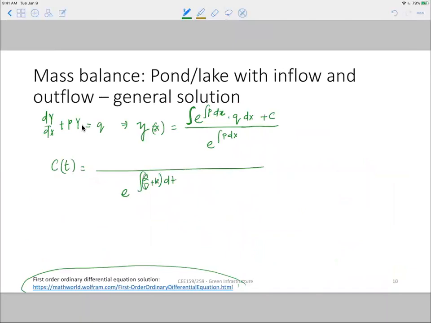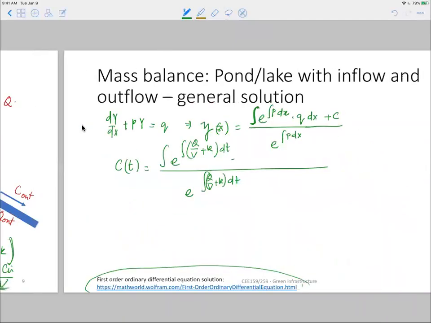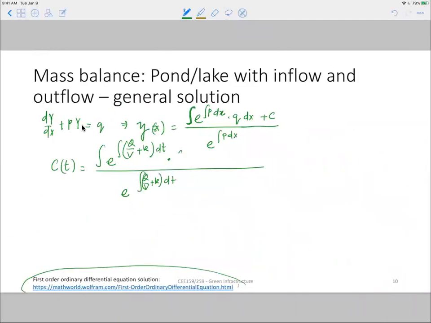And the top one is first the integration, again the same way, Q over V plus k dt, and the q term over here is Q C in over V plus c.